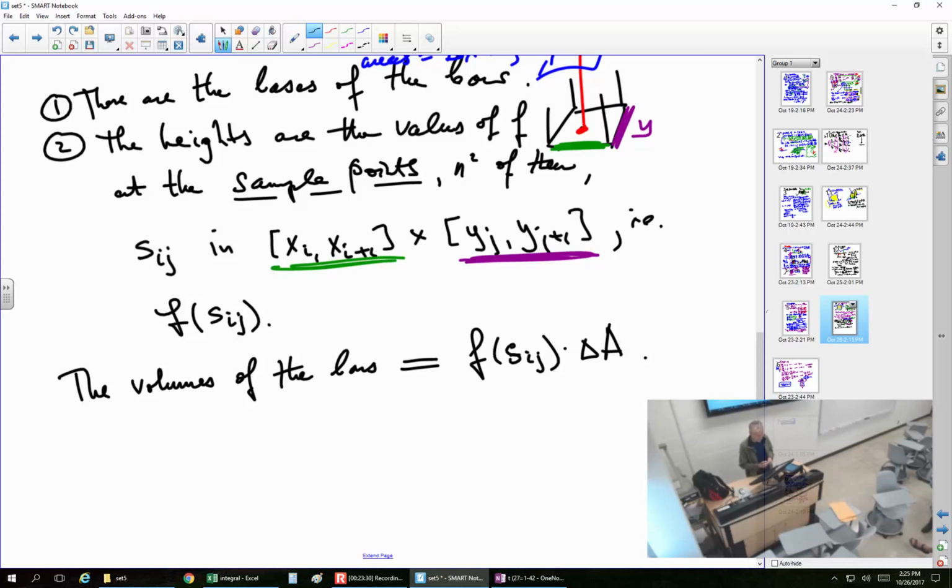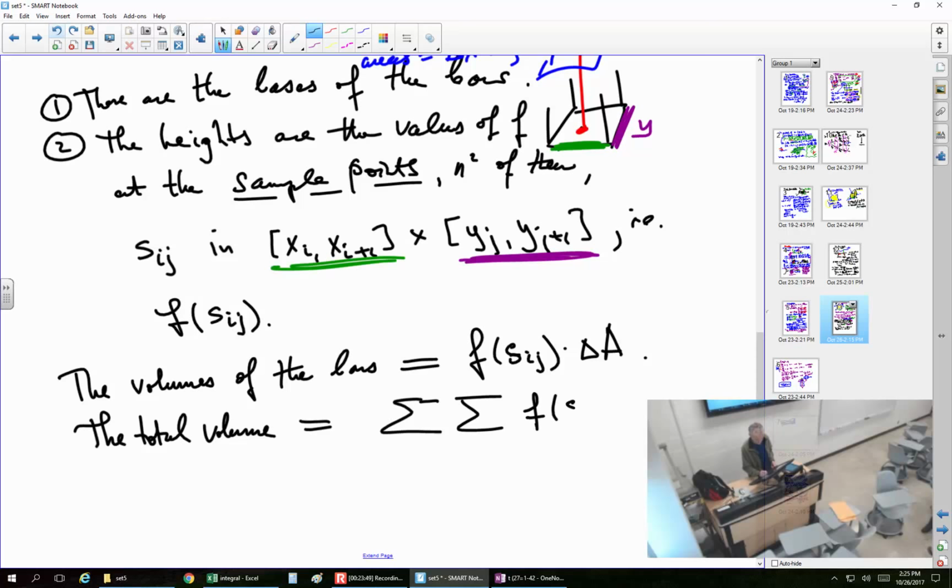And then the total volume is the sum of these. It is double indexed, so I will put two sums here. So i runs from 1 to n, and j runs from 1 to n. Remember, i corresponds to x, j corresponds to y.